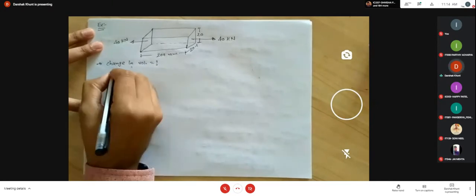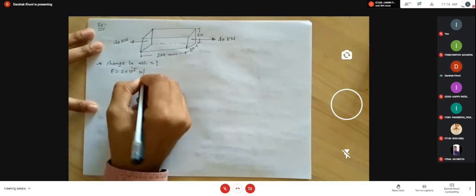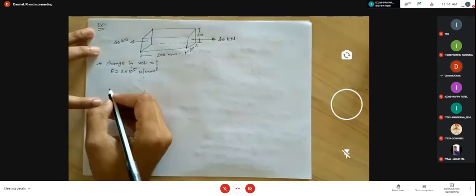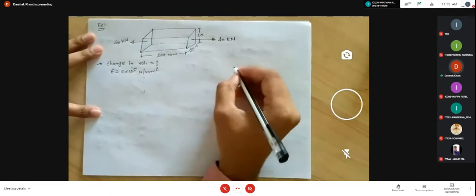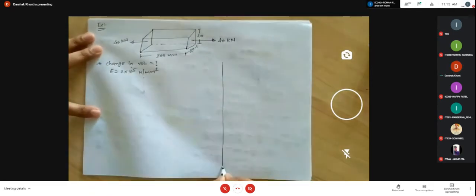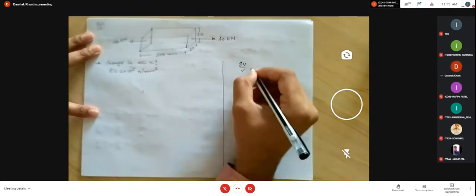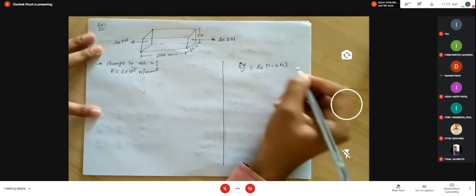Here you have to consider the value of E as 2 into 10 raised to 5 Newton per mm square. Okay. So for finding out the change in the volume, we know the equation: the change in volume is given by volumetric strain, epsilon x into 1 minus 2 mu.